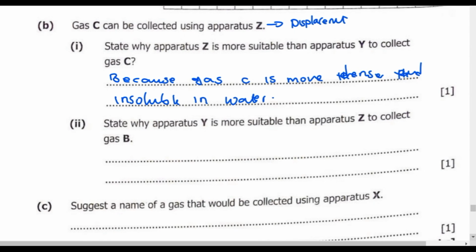So state why apparatus Y is more suitable, so say because gas B is less dense than air and soluble in water.